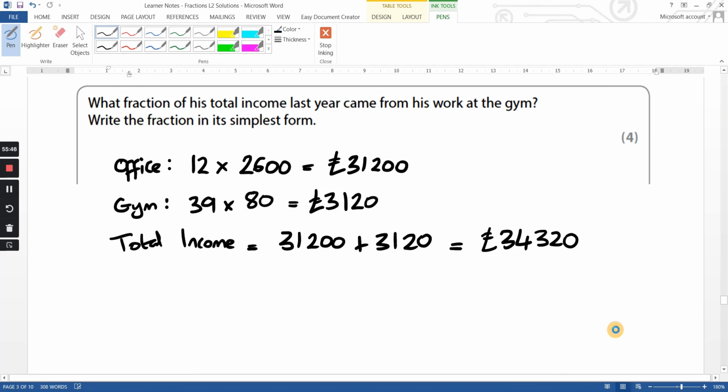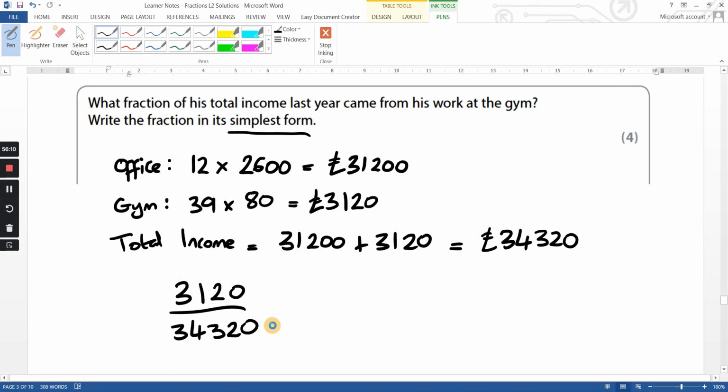So that's your denominator. So my fraction, what does it say? What fraction of his total income last year came from his work at the gym? Well, this came from his gym, 3,120 over total income, which is this, 34,320. Yeah. Now we need to simplify it.